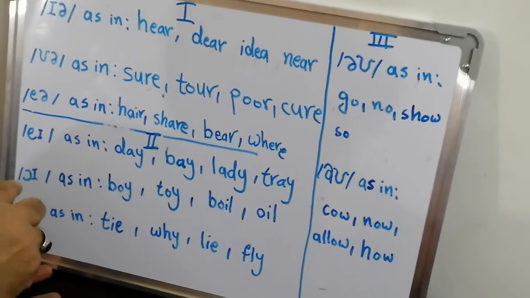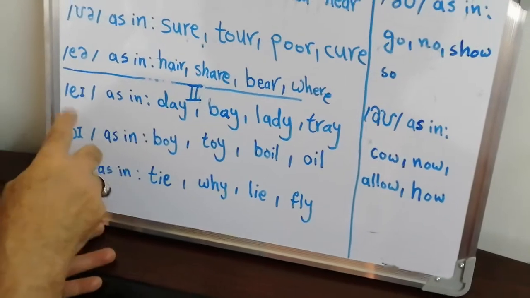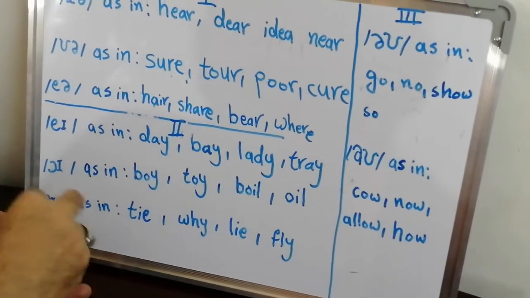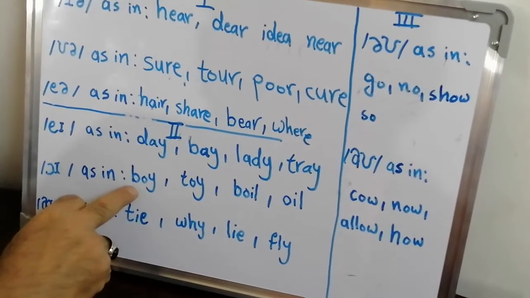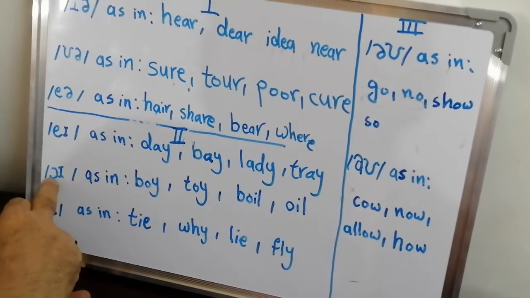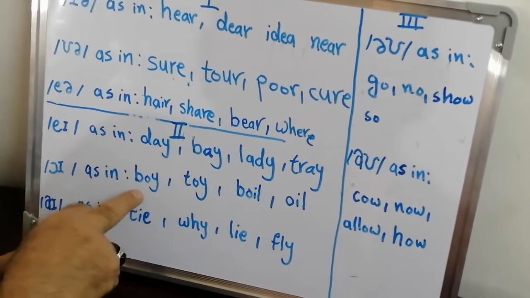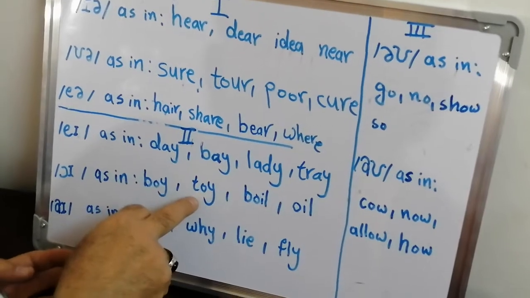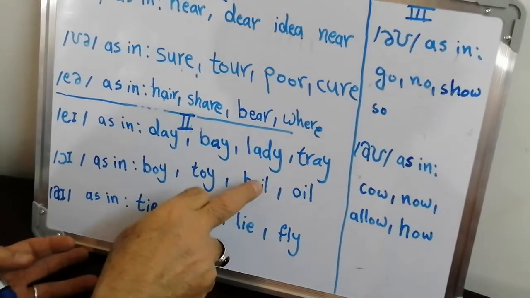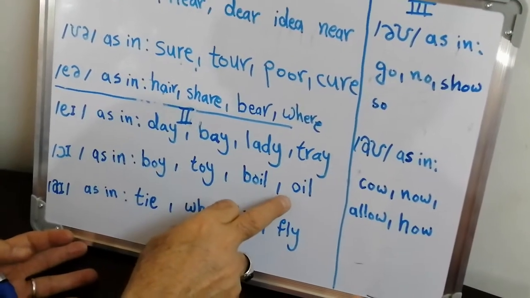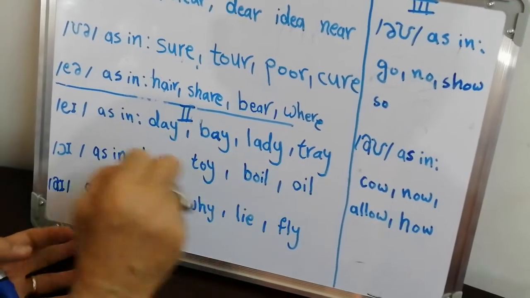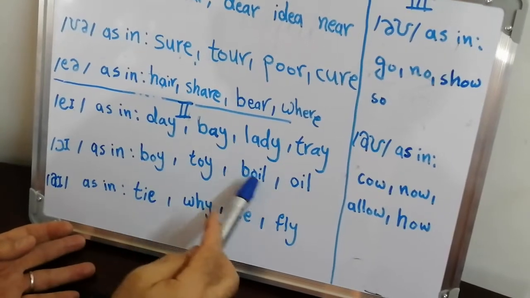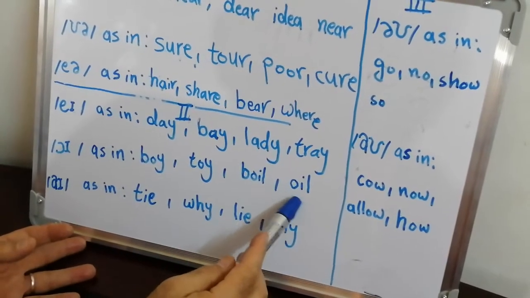Now the second vowel sound, which is like this sound because it ends in the same vowel sound. You find it in boy. It is pronounced as "oy," as in boy, toy, boil, oil.